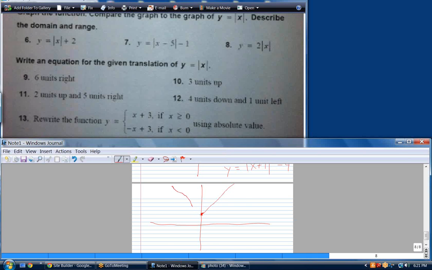Which looks exactly like that, only a straight line instead of a wavy line. But now look at what we're looking at. How would I rewrite this function using absolute value instead of a piecewise function? Notice that I'm looking at the absolute value function here.